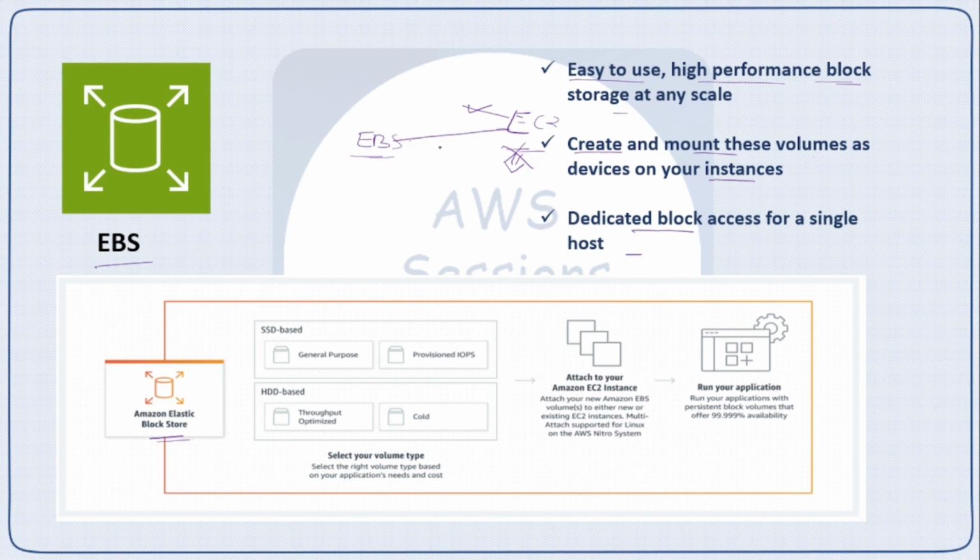Once you store data in the EBS volume, that will remain, but again, it depends upon the setting, but that can be persistent. So if you stop or terminate this instance and you do not wish to delete the EBS volume, then it will remain as it is. And next day, suppose you create a new EC2 instance, then you can attach this volume to it, and your EC2 instance will have access to the data that was previously created. So that is the purpose of EBS. It is a persistent storage.